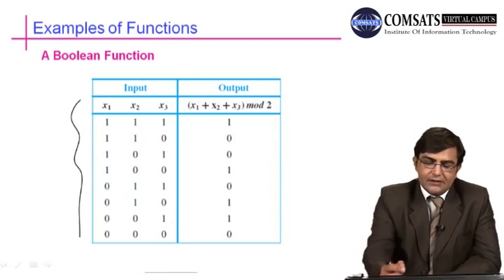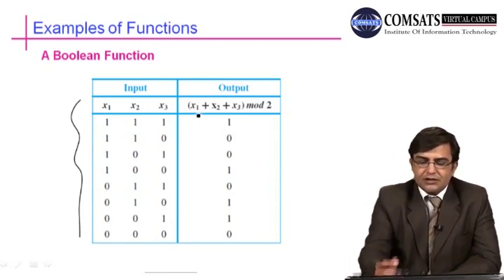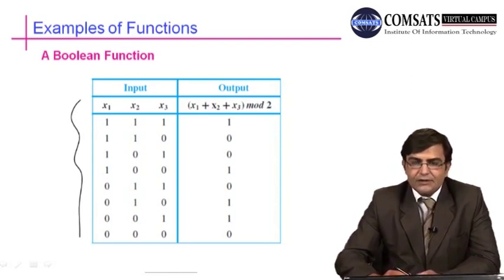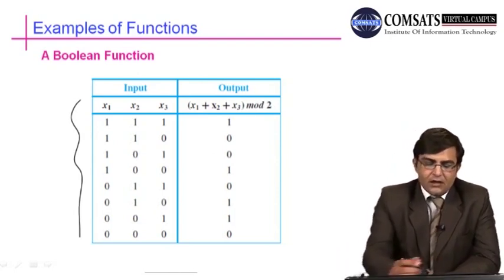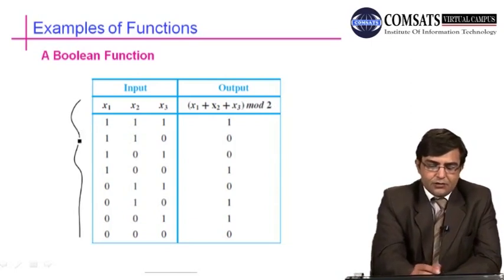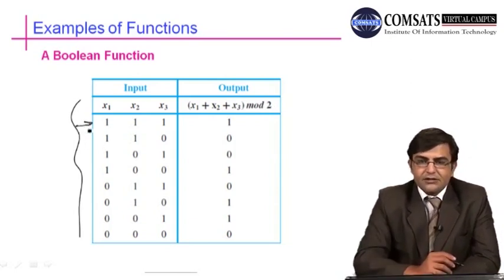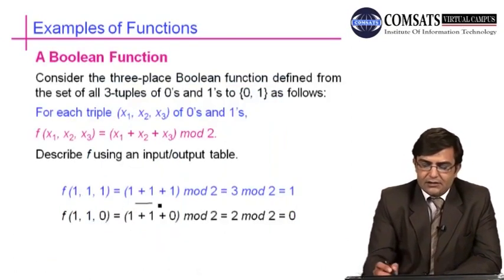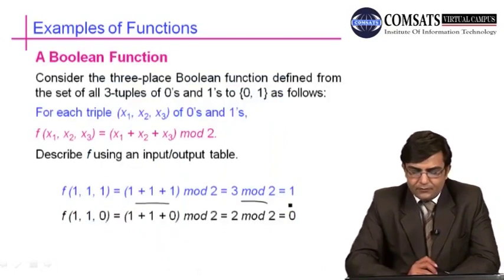The output is defined by using this Boolean function, x1 plus x2 plus x3 mod 2. If we give the input 1, 1, 1 to the function, we have 1 plus 1 plus 1, which is 3 mod 2, which is 1.